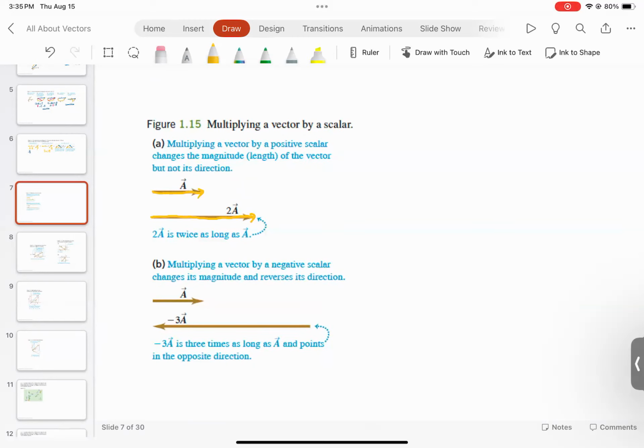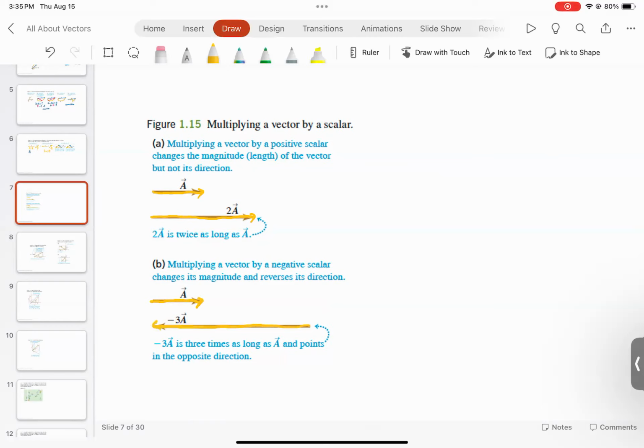If you multiply a vector by a negative scalar, for example, if you multiply vector A by negative 3, not only does the magnitude change, the direction changes too. So if this is vector A, then the magnitude is multiplied 3 times.